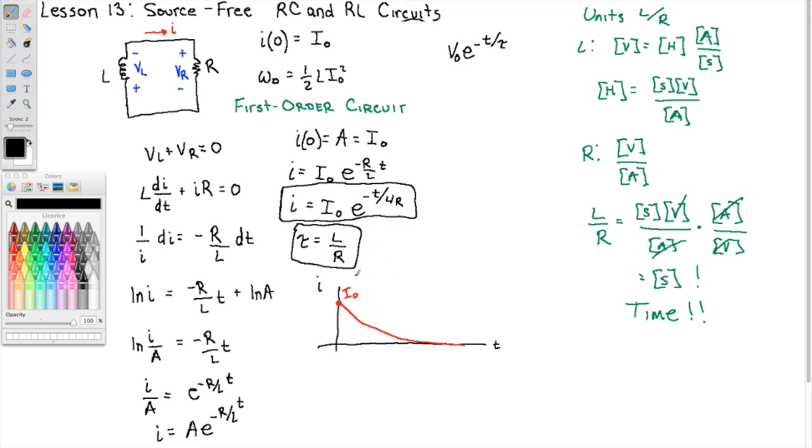For example, after one time constant, so if we plug in L over R into t, we get I0 e to the negative 1, and that's approximately 37% of the initial condition. So after one time constant, we're about right here, 37%.